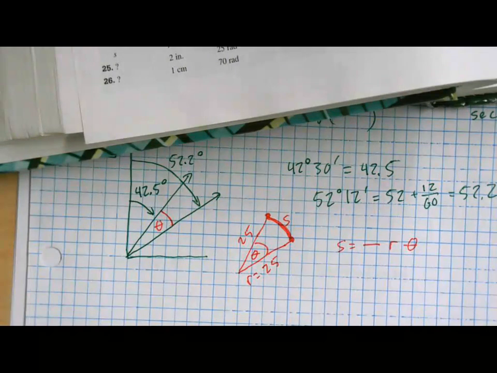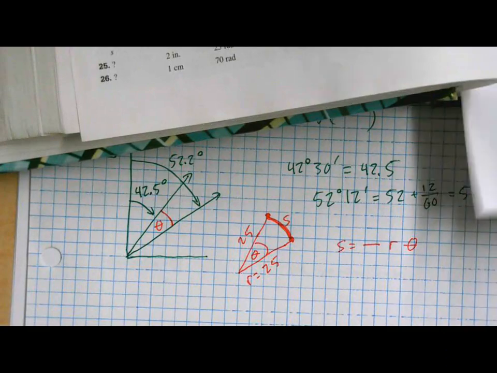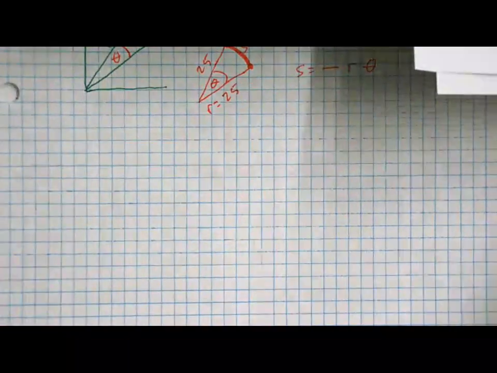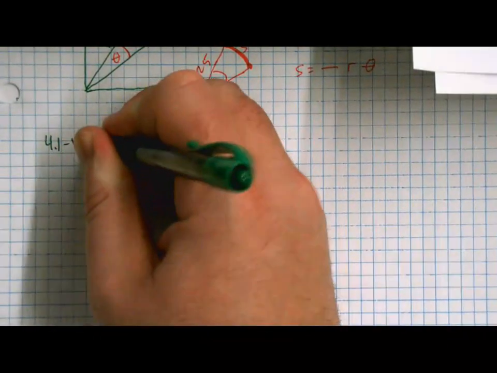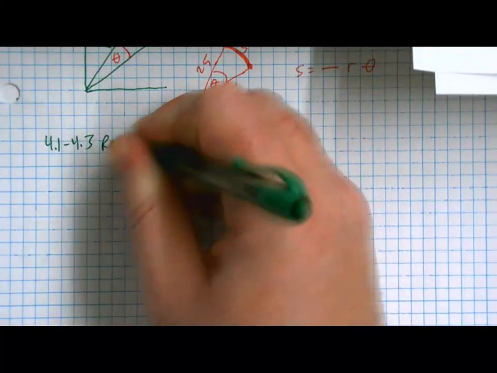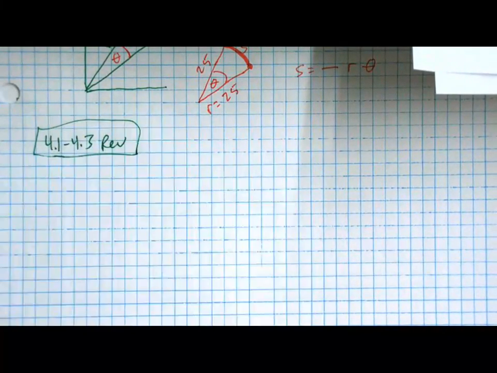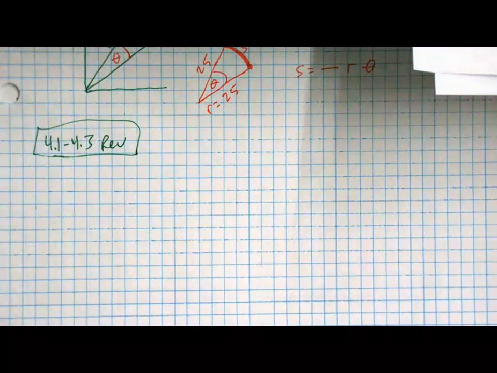Okay, so we're looking at the 4.1 to 4.3 review. I don't have a copy of this in front of me, so someone's going to have to read me some problems. This is our mid-unit review. By the way, our test is coming up. It's going to be not next Friday, but the Friday after that.